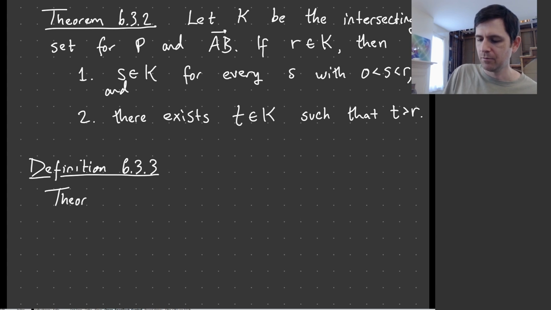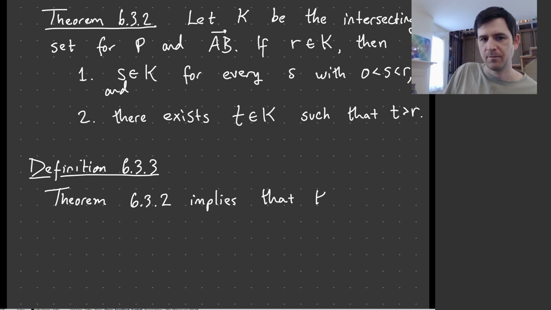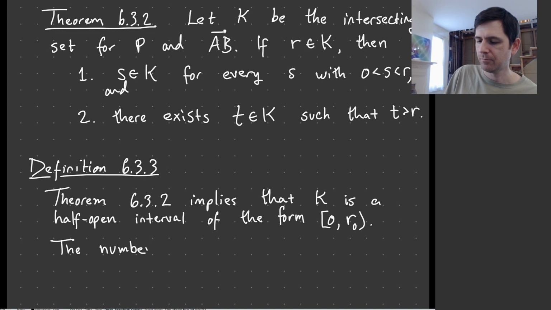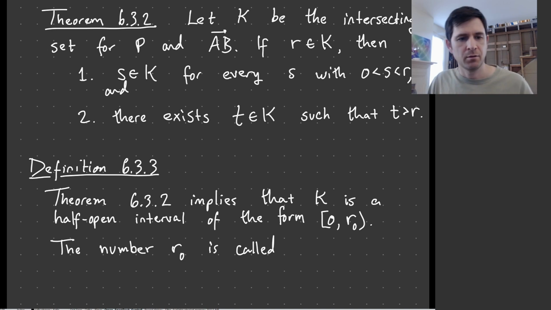So theorem 6.3.2 implies that K is a half-open interval of the form 0, R naught, for some number R naught, and that number has a special name because it's an important number.